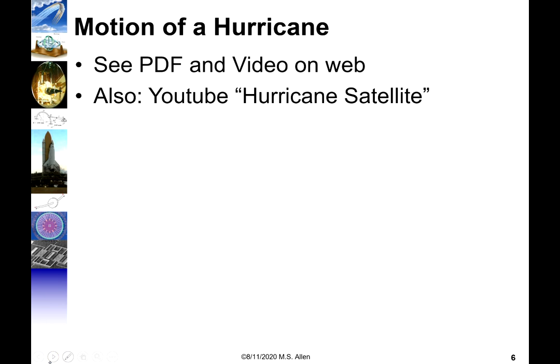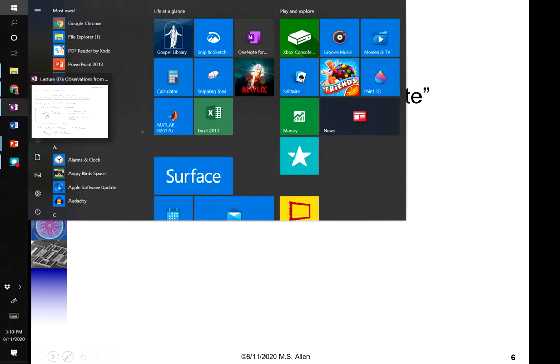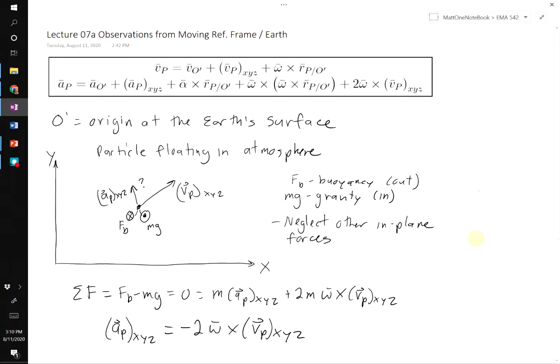Anyway, let's talk about one example here. So we'll switch over to these notes here. And let's imagine using these equations to find the equation of motion for a particle that's floating in the atmosphere.